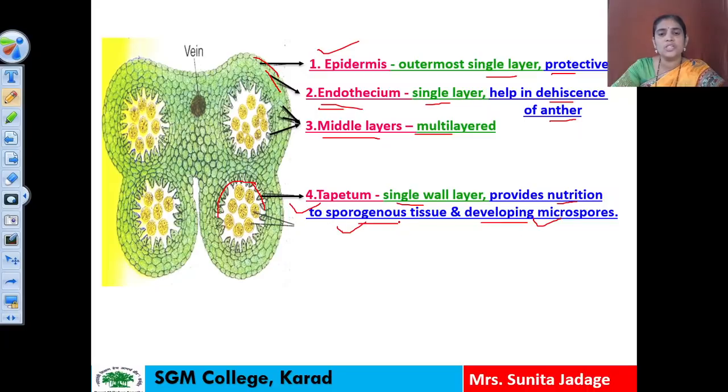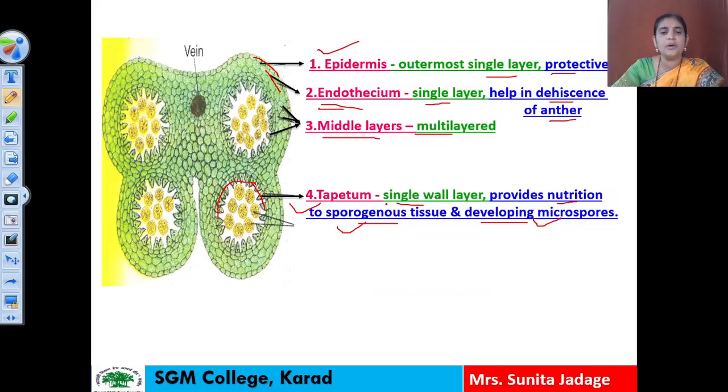To this sporogenous tissue and developing microspores, the tapetum layer provides nutrition. We have to remember all these functions of the four layers from the examination point of view. This is the first part of the anther, the anther wall, which is made up of four layers.